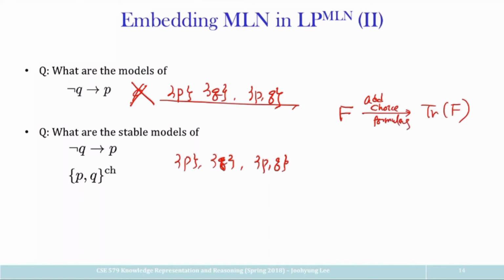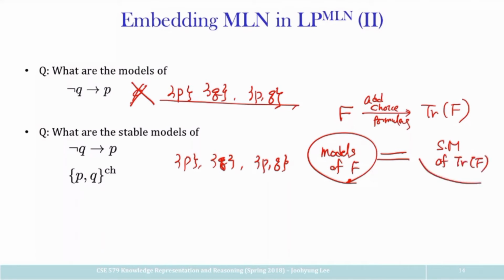Now what happens is the models of F are exactly the same as the stable models of this translated program. In other words, we reduce propositional logic into the language of ASP. Okay? Are we together?